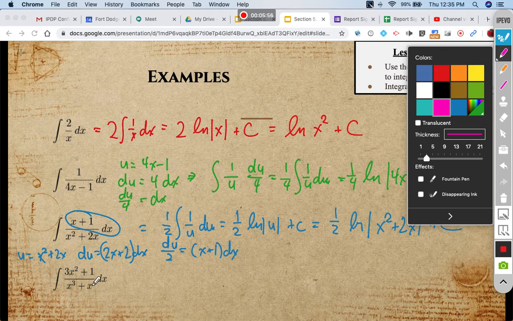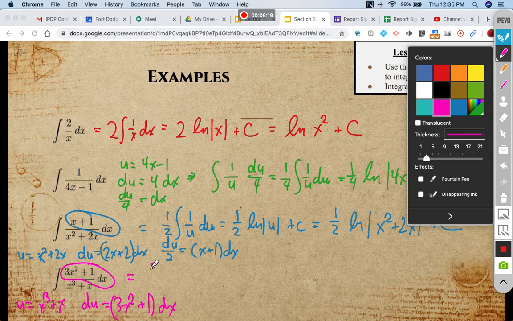So for this last one, again, come along, u is x cubed plus x. So du is going to be 3x squared plus 1 dx, which we already have in there.